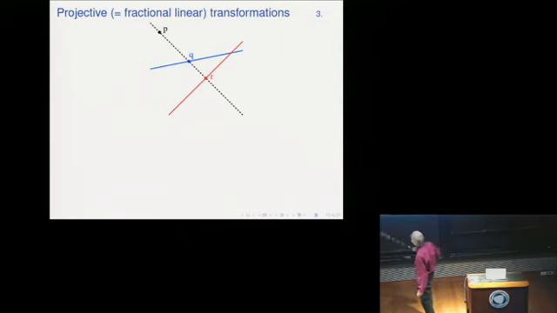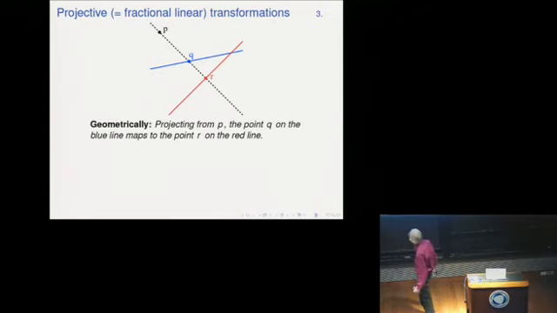For example, suppose that Q moves out until the line from P to Q is parallel to the red line, then the corresponding red point will be the point at infinity. So that's the geometric description.